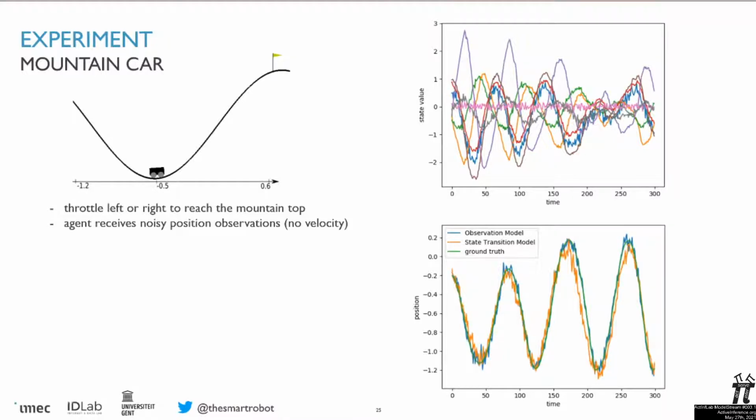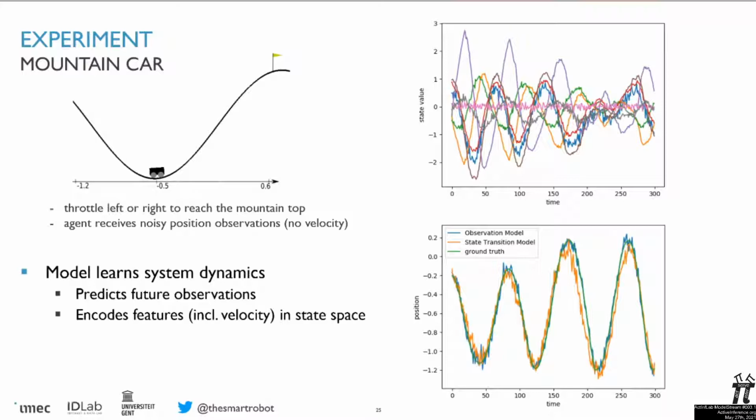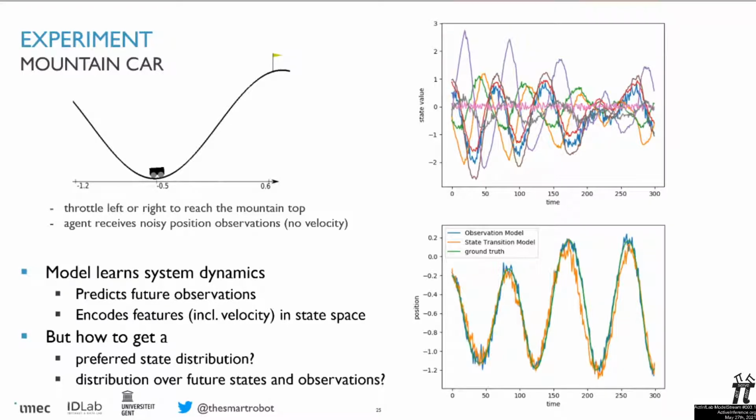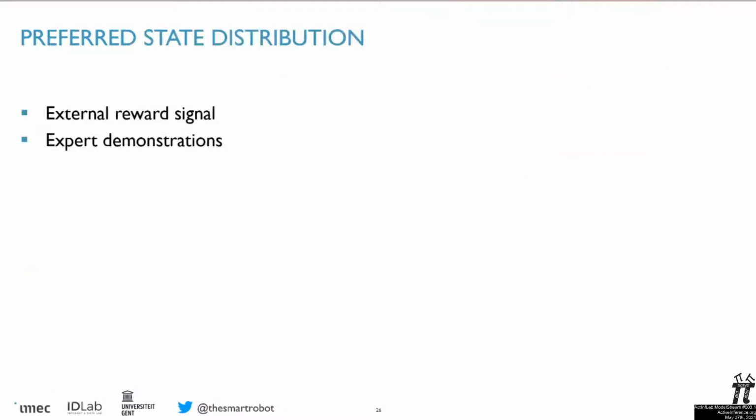And I think there's one more animation on this. Yes. So it's the same conclusion. As I said, right now you can predict the future, as you can see in the orange line, and it appears to learn the velocity in its state space. Now, if you can go to the next slides.